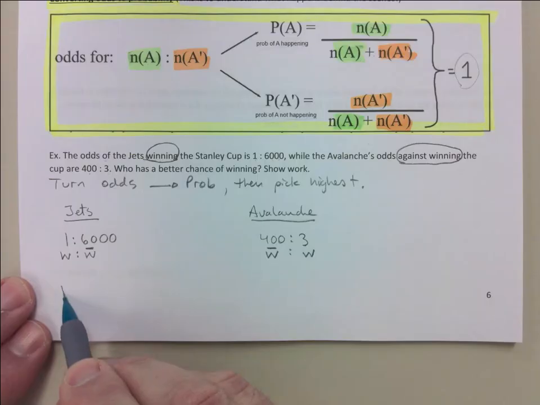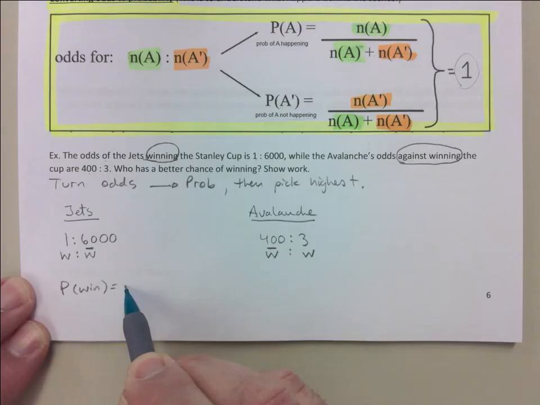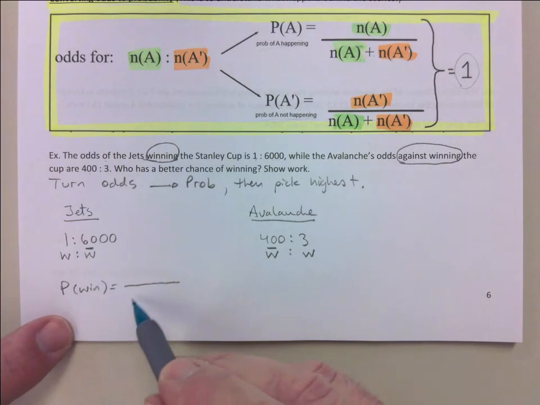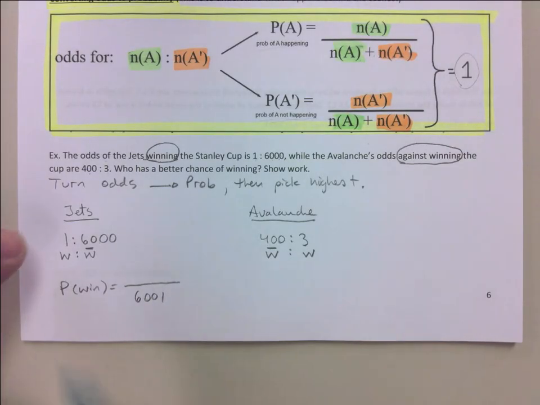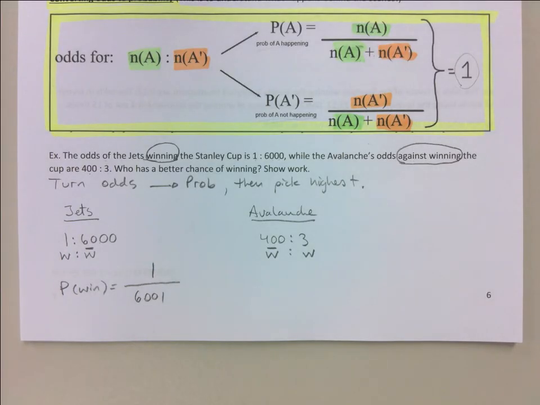So let's do our probability for the Jets winning. Question, what's going to go in the denominator? Let's do that first. 1 plus 6,000, right? That's easy, isn't it? 6,001. And I'm going to grab the 1 because that represents a probability of winning.